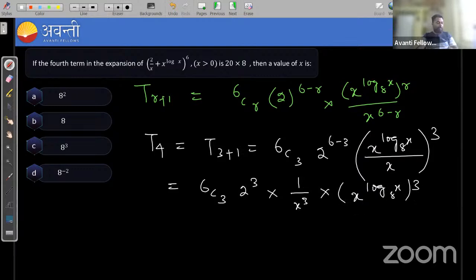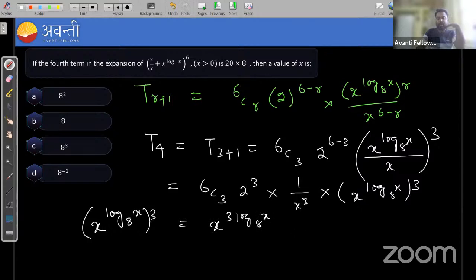By using the properties of logarithms, this can be written as x to the power 3 into log of x to the base 8, which is x to the power 3 log of x to the base 2 to the power 3.